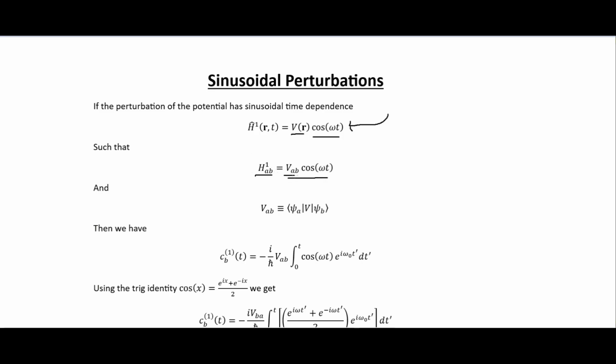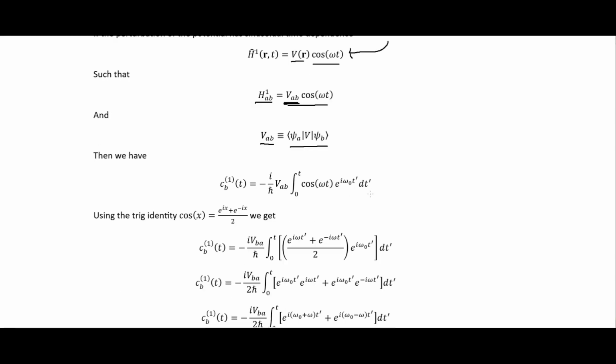This is the off-diagonal part of the potential, which is what we get because of the sinusoidal pattern. And we are defining this V of AB as, like I said, the off-diagonal elements of this matrix. And so we have this right here for our first order correction to the probability amplitude.